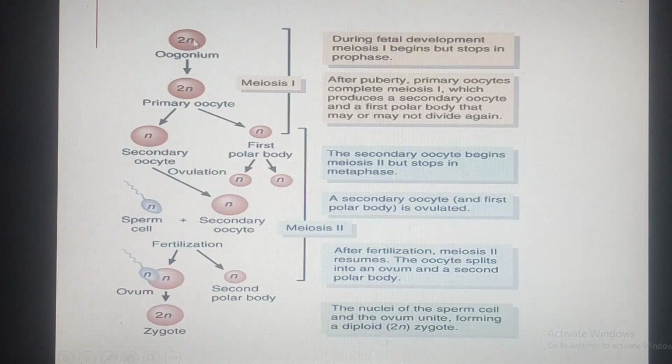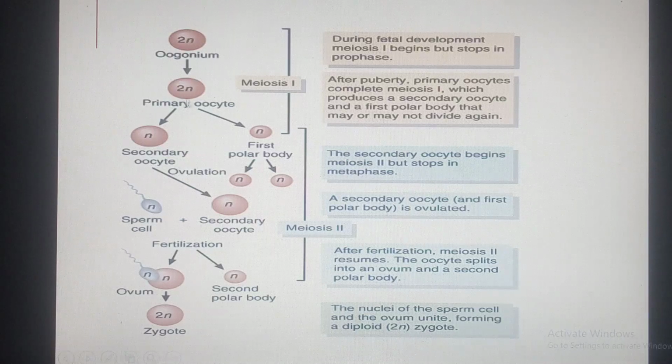Now this diploid cell will undergo mitosis, as I said, and give rise to oocytes that we call primary oocytes. A lot of these primary oocytes will be produced, about 7 million of them, around the fifth month of intrauterine life.